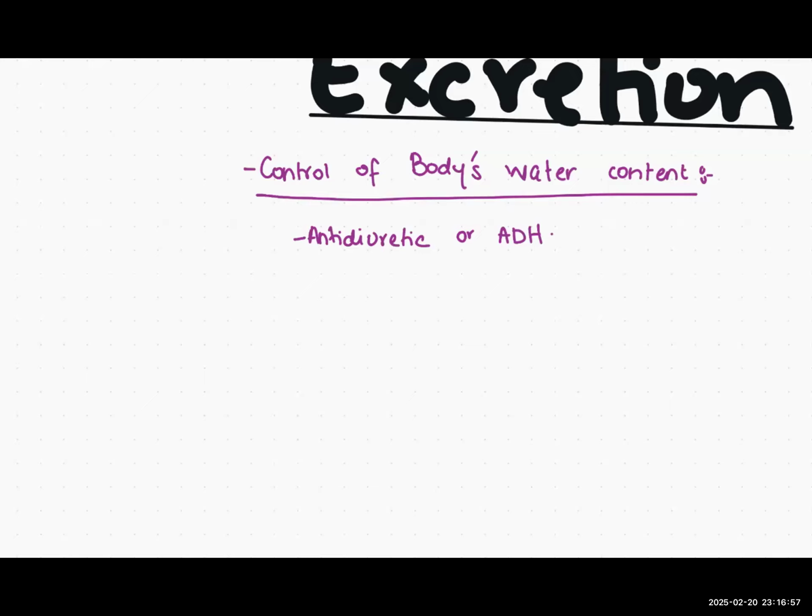So that is basically the role of ADH, or antidiuretic hormone, that it controls the amount of water inside the body. This hormone ADH is released usually from the pituitary gland.